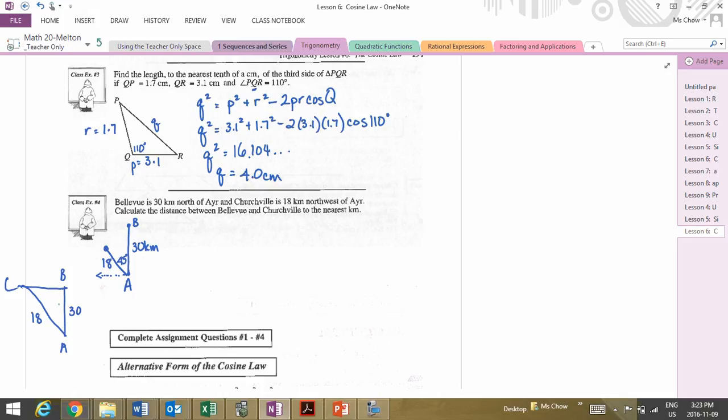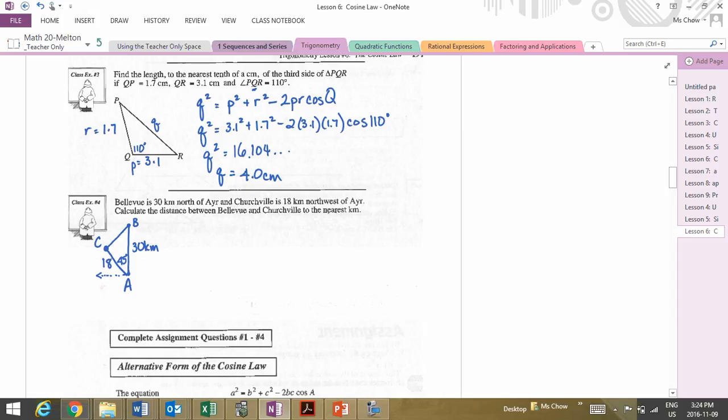What we do know for sure is that if it were a right triangle, AC would be the hypotenuse, and 18 cannot be longer than one of the legs. So it definitely is shorter. So please try not to draw it as a right triangle if you're not sure that it is a right triangle, because that will just play with your brain as to whether you should use Pythagorean theorem when perhaps you should not.